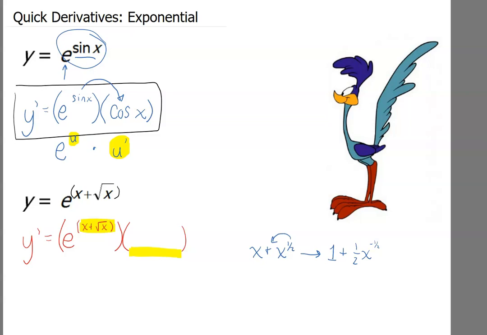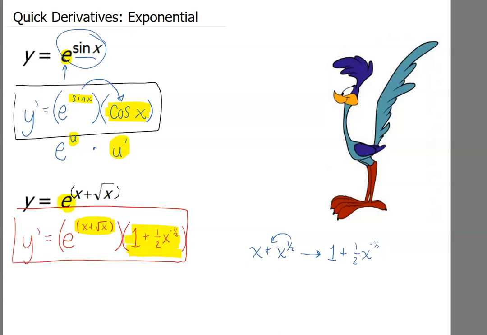So the derivative of that highlighted exponent is 1 plus 1/2 x to the negative 1/2, finished. Literally all we're doing for exponentials with the base of e is we're saying, okay, it's part of its own derivative, and then the fixer piece is the derivative of the exponent. Done.